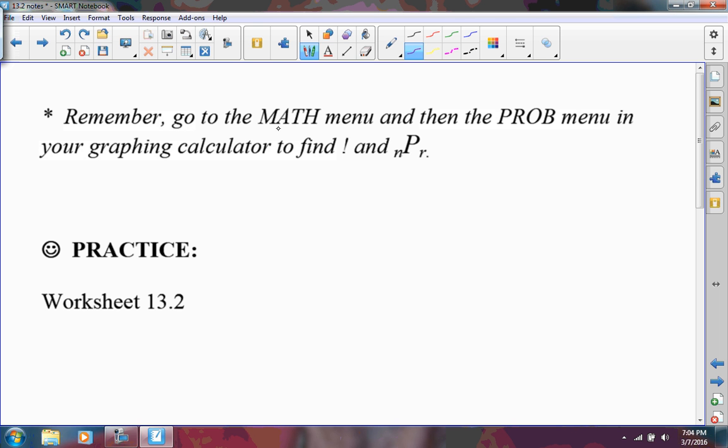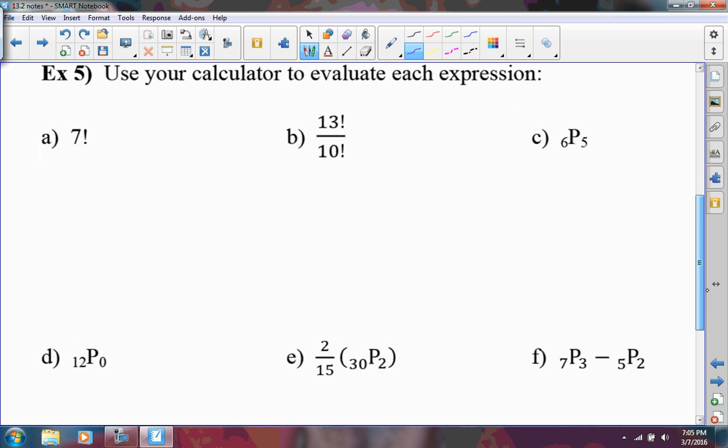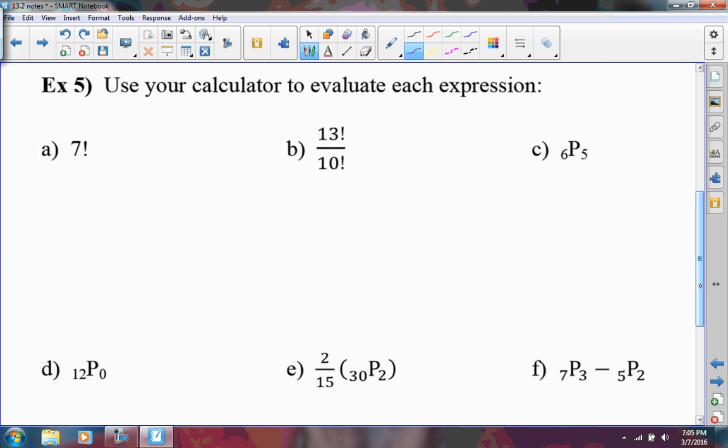If you go to the math menu and then go to the probability menu in the graphing calculator, that's where they have the factorial and then the permutation notation already programmed in. So I can show you how to use those in class. But these problems are just to make sure that you can actually do your evaluations. And if you want to type them into the calculator, you can, or if you just want to write out what they mean by hand, that's fine too.